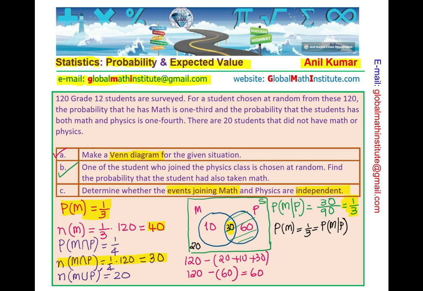And since the math probability did not change, so no change, correct? That means independent. Does it make sense to you? Very clearly, we are showing you that the probability of picking up a student who has taken math does not change, whether you select it just directly from all or from the group which had taken physics.